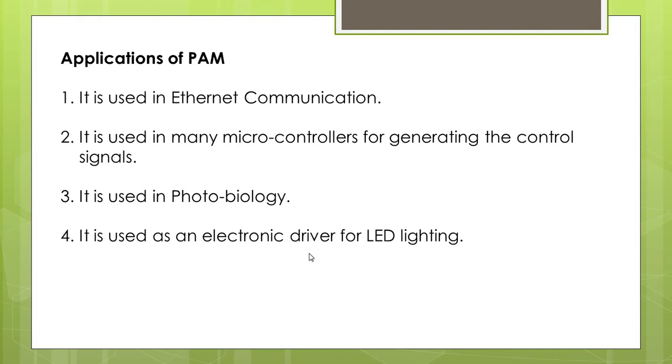To get the demodulated output, this signal is passed through a low pass filter where the ripples are removed to generate a smooth sine wave, which is the required message signal. Due to the presence of noise, there might be some reduction in the amplitude of this signal. So it is passed through an amplifier to get an amplified version of the message signal. So that's all about pulse amplitude modulation and demodulation.